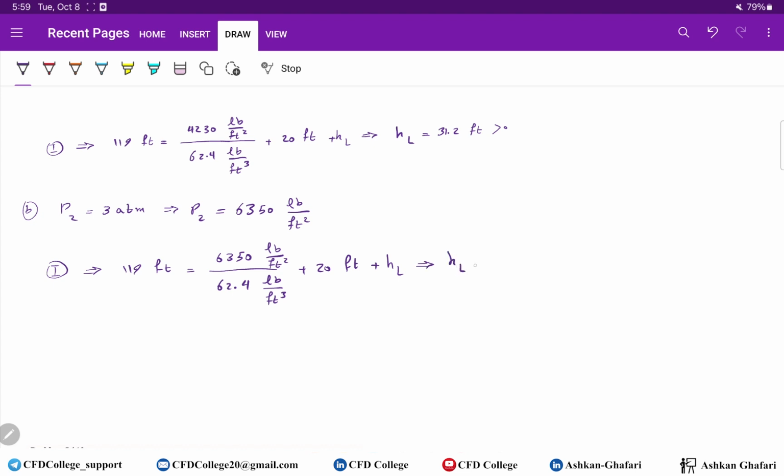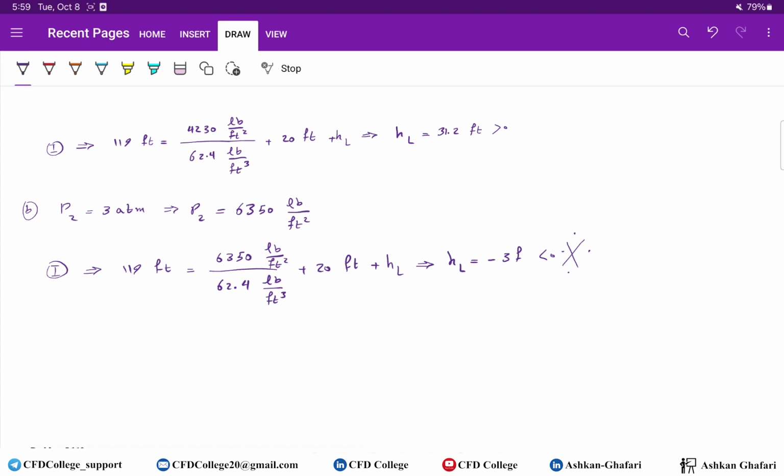In this situation HL equals minus 3 feet, so it's negative, and it's not possible because head loss should be positive.